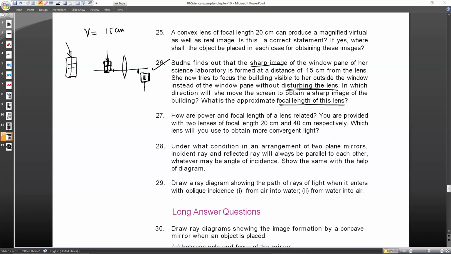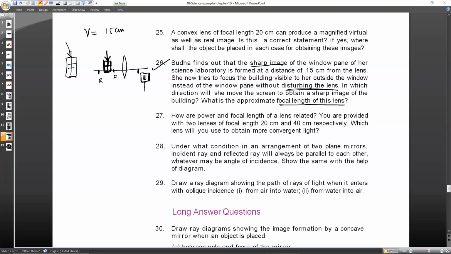Where she is putting it, we don't know, but we can consider that if an enlarged image is found, then the window is between focus and radius of curvature. Is it written enlarged or diminished? A sharp image on the panel in the laboratory.